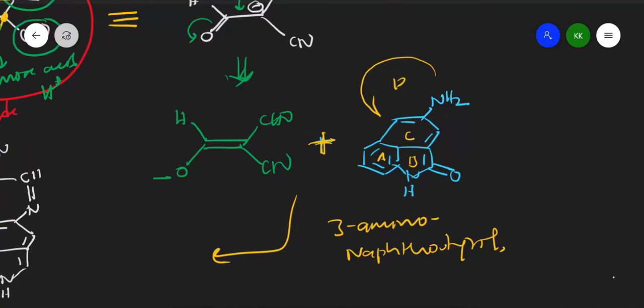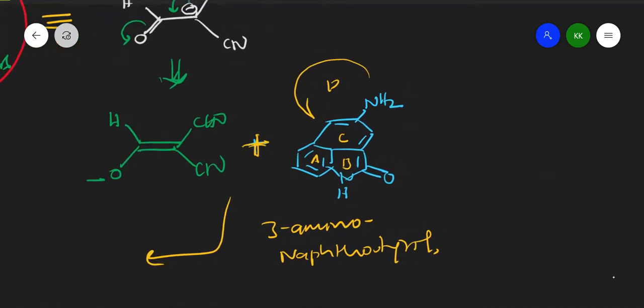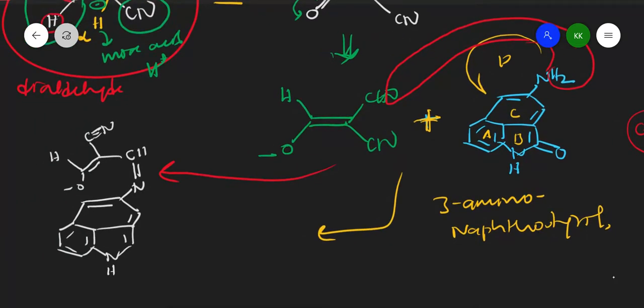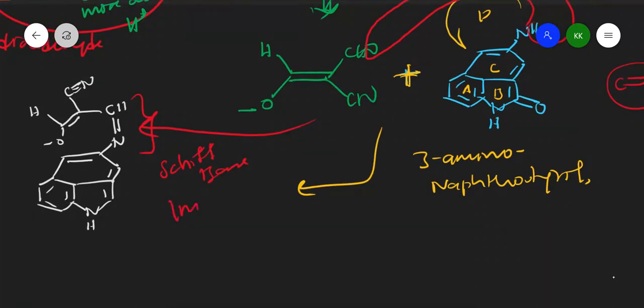The reaction is simple. If you see the reagent with the red marker, this NH2 has bonded to this oxygen. This is a simple reaction, you know, the Schiff base reaction. So there is formation of C double bond N. Whenever there is formation of C double bond N, we call it a Schiff base, or we can call it an imine also.